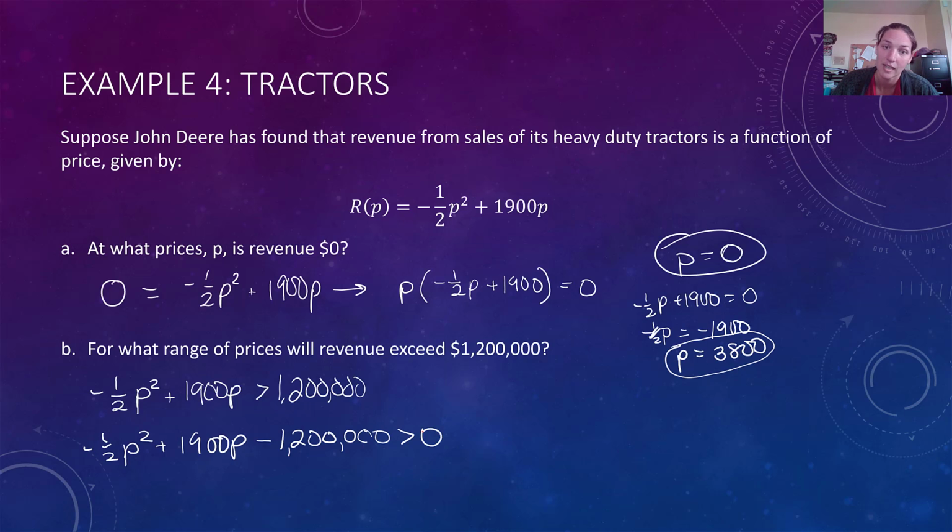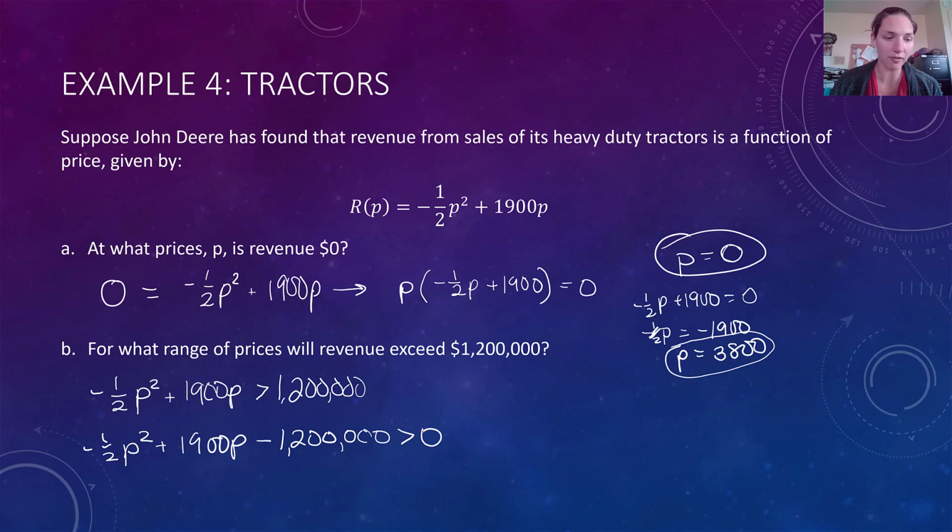Okay. Now you have some options. I did this one out by getting rid of the number in front of the P squared, but if at this point you would rather use the quadratic formula, do that. Get your values, and then use those. I'm going to do it the way I said, since I like to factor.